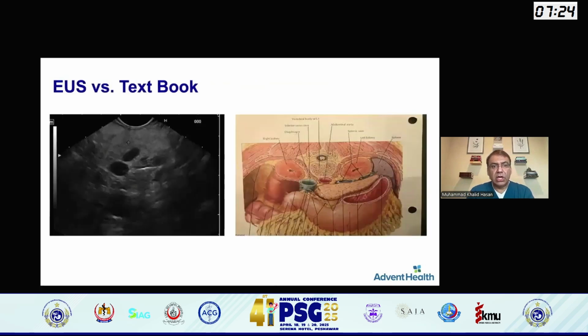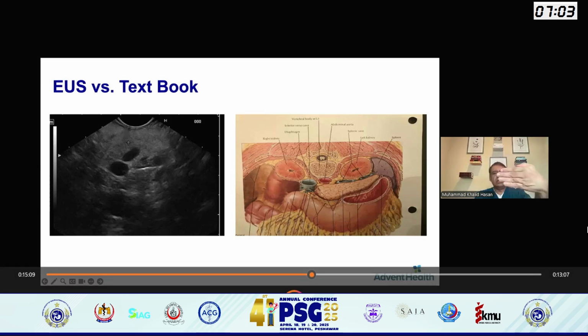Another thing I want you to do is take a look at the anatomy atlas. You have the Frank Netter atlas or whatever anatomy atlas you use. You have seen this page. This is the stomach right here, the pancreas is behind that, and there is the spleen. That page is really how to learn EUS.